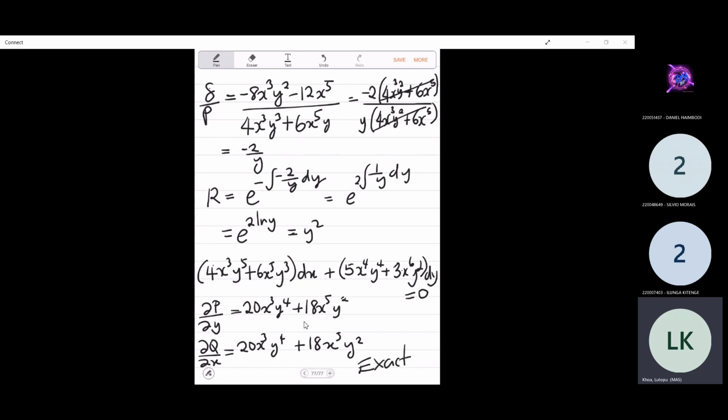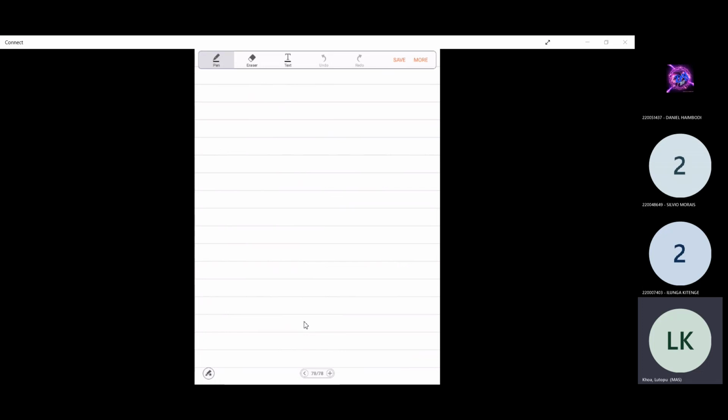Then we can now solve it by integrating either p or q with respect to x or y, depending on which one you pick. Okay, so I'm going to integrate p.